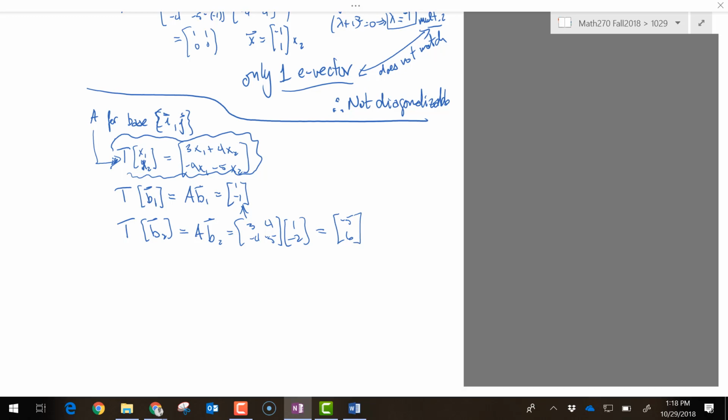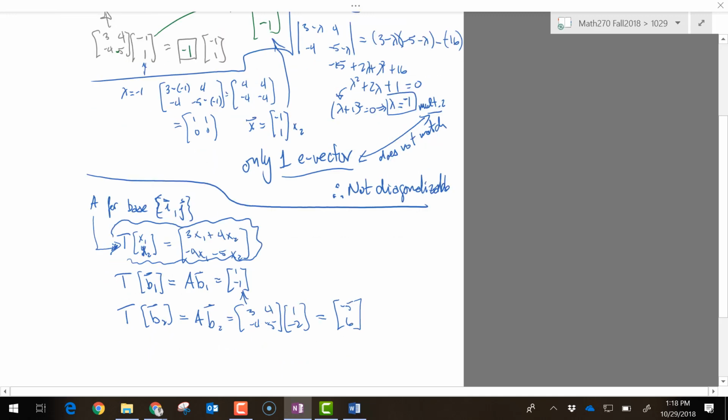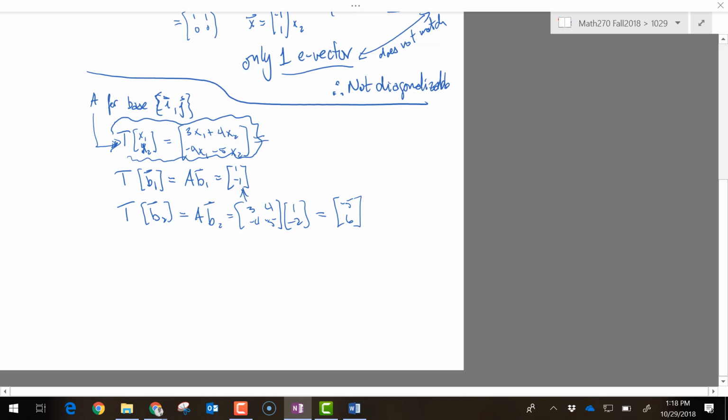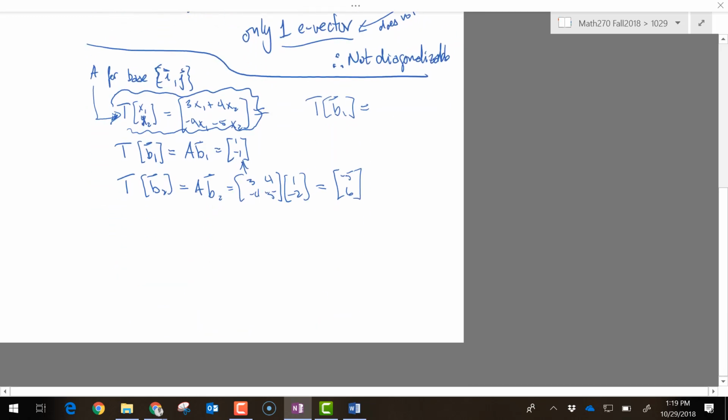So if you put the b vector, which is -1, 1, that's b1, into here, T of b1 is whatever you get when you put -1 for x1 and +1 for x2, which gives you 1 and -1, matching what we get if we applied the matrix.